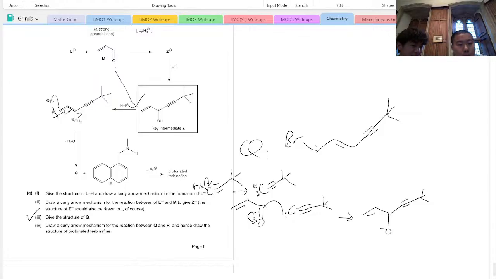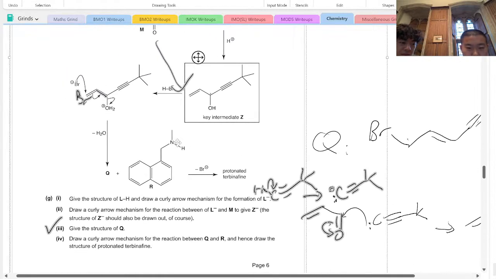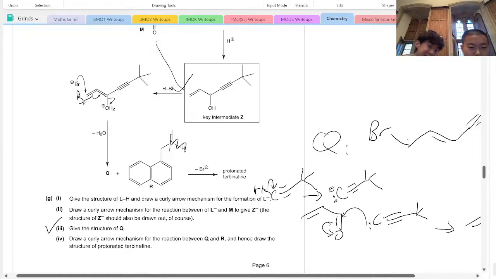But it says protonated terbinafine. Protonated usually means it has a charge of +1 and it has an H attached to some atom. Could terbinafine just be like this?